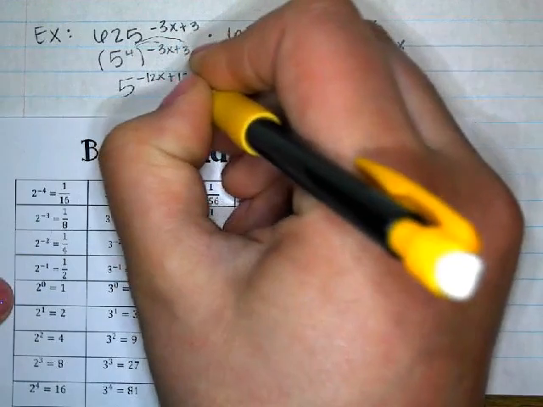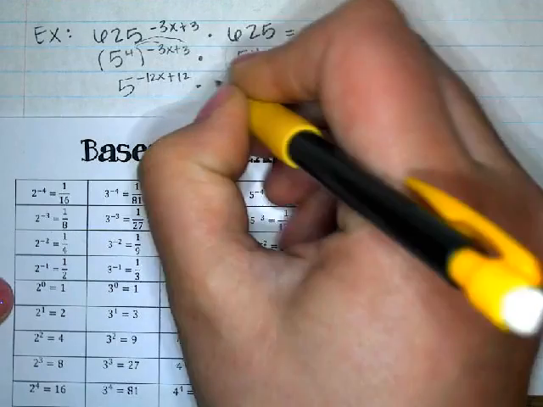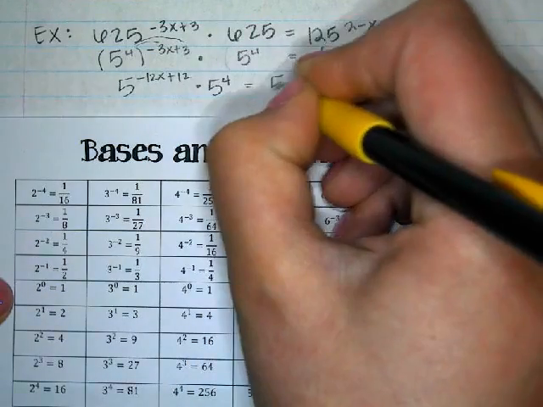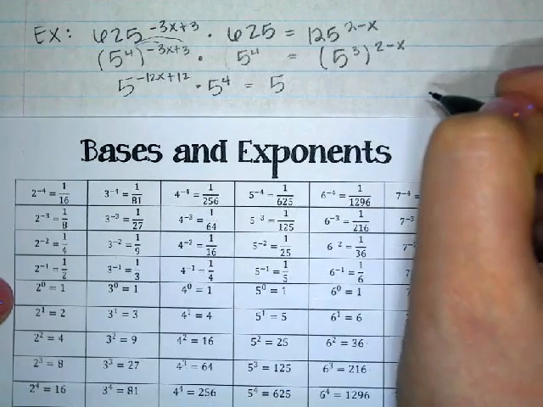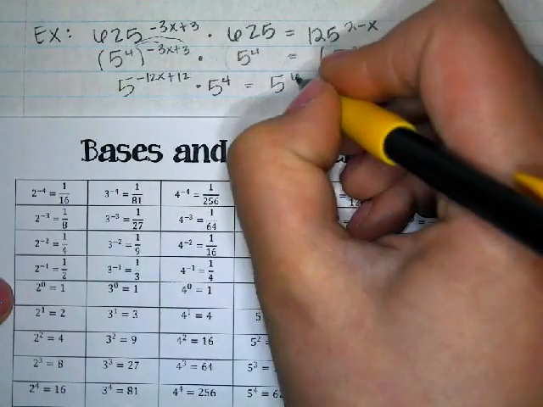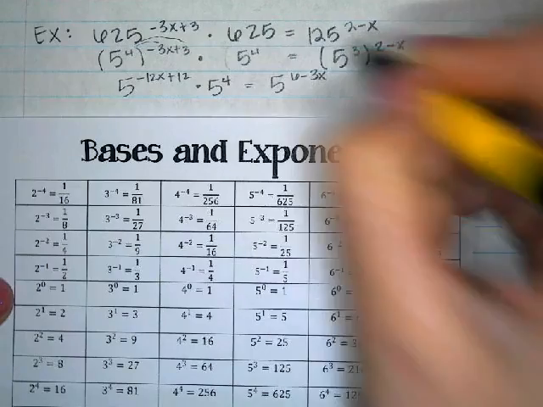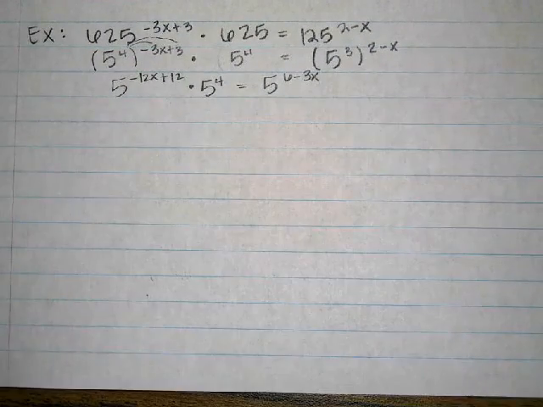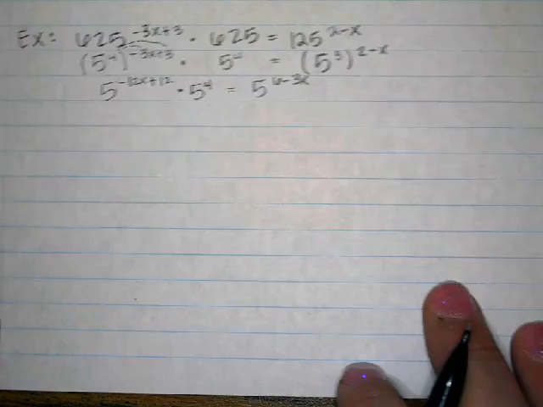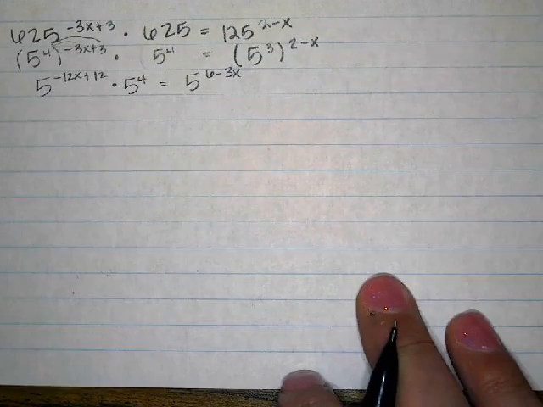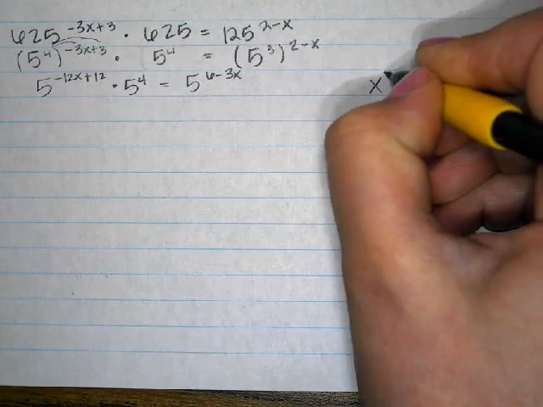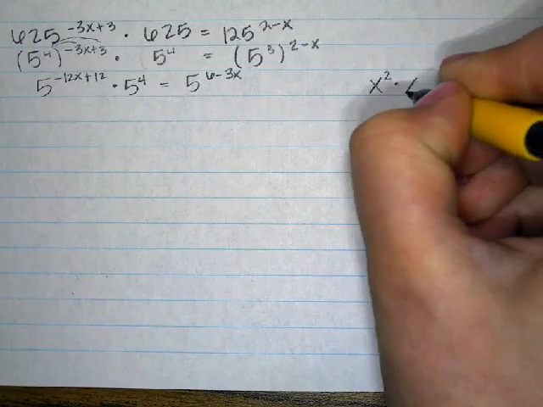5 to the 4th. Okay, now before we do some more simplifying, I'm going to remind you guys of some math that you know. You know that x to the 2nd times x to the 5th is x to the 7th.